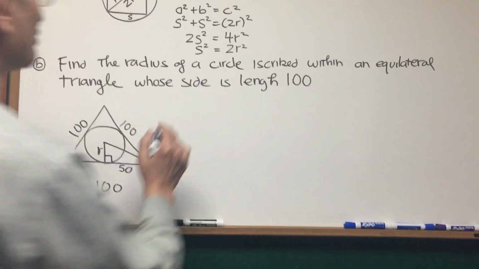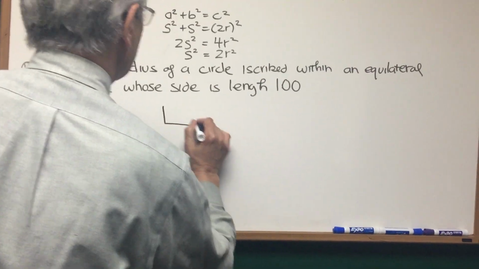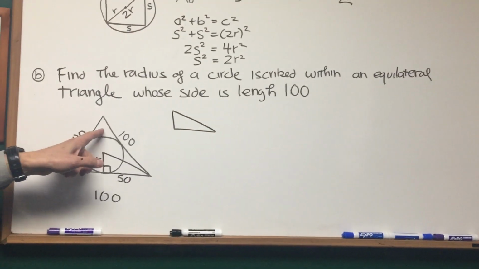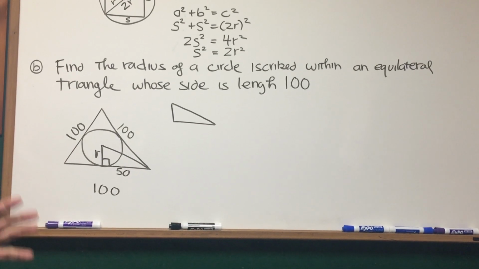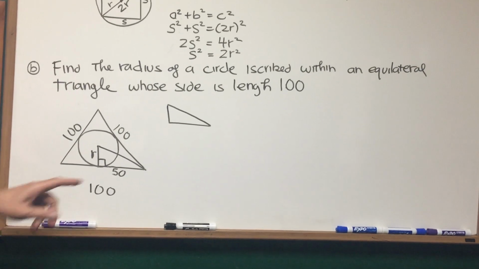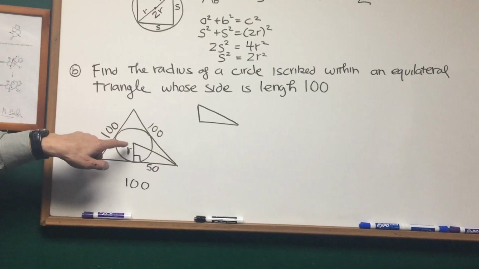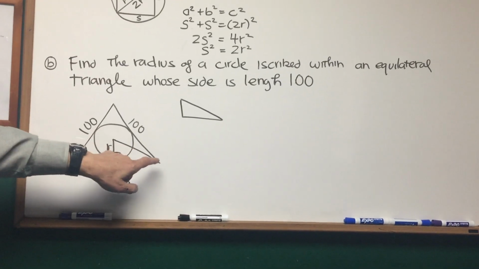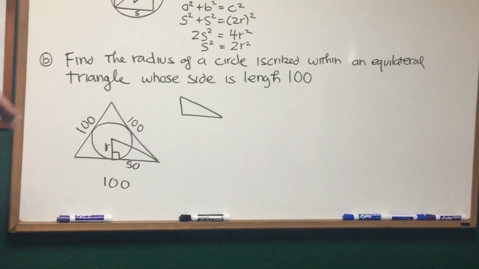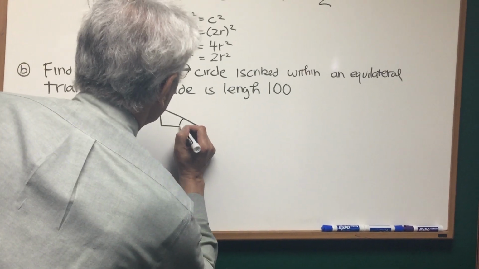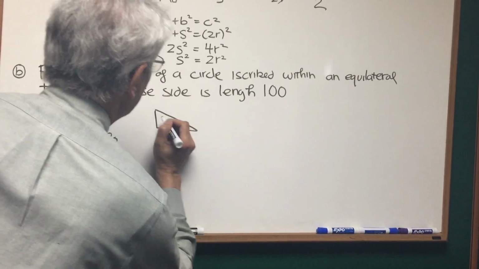Well, what kind of a triangle do I have here? Let's just take a look. I know that each angle of an equilateral triangle is 60 degrees. And because of arguments of symmetry, I know this line that connects this vertex to the center of the circle bisects that angle, and therefore I'm talking about an angle of 30 degrees.